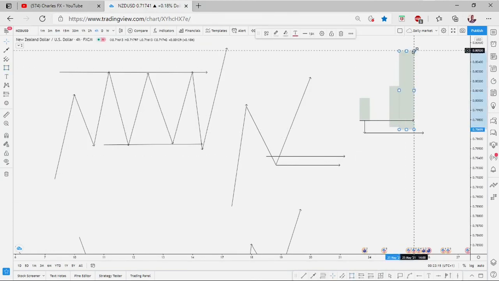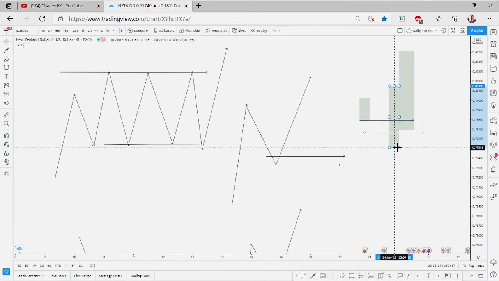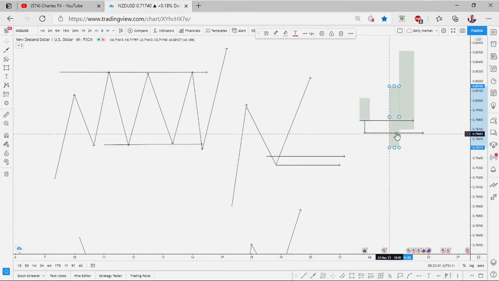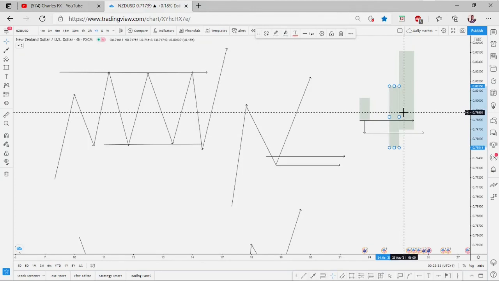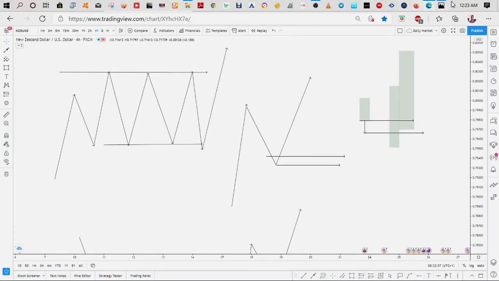But I'm more confident to take a trade in the opposite direction, or to consider it a structural break, when there is a strong body close below the wick of the candle. There I know I'm more confident to tell you that the structure has been broken.